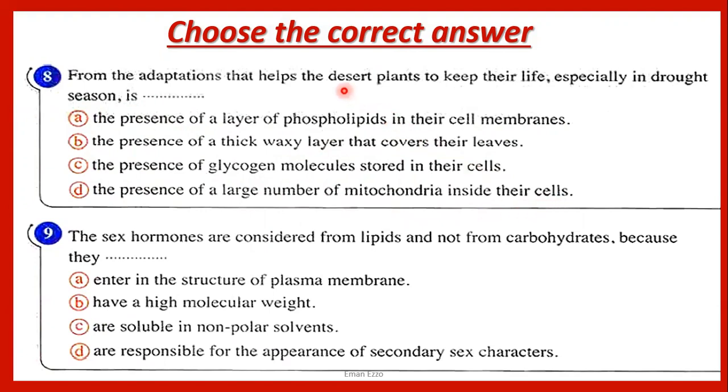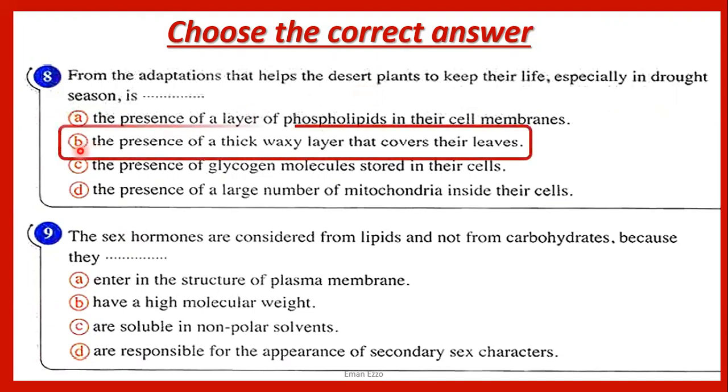We talked about desert plants and said their leaves are covered with a layer of wax to decrease the loss of water during transpiration. So we choose number B, the presence of a thick waxy layer that covers their leaves to decrease the loss of water during the drought.